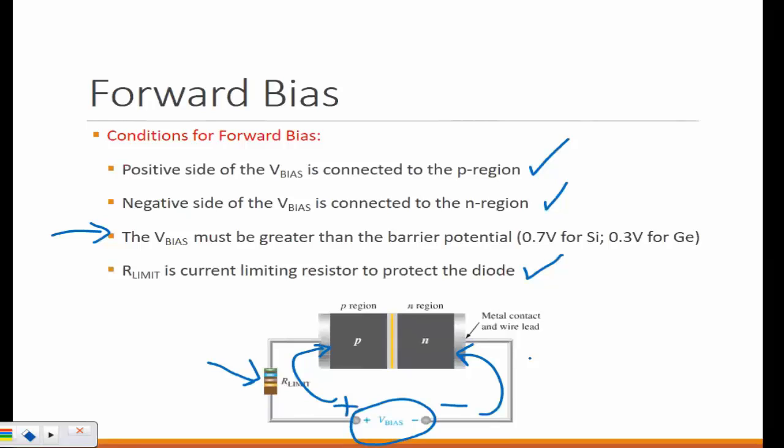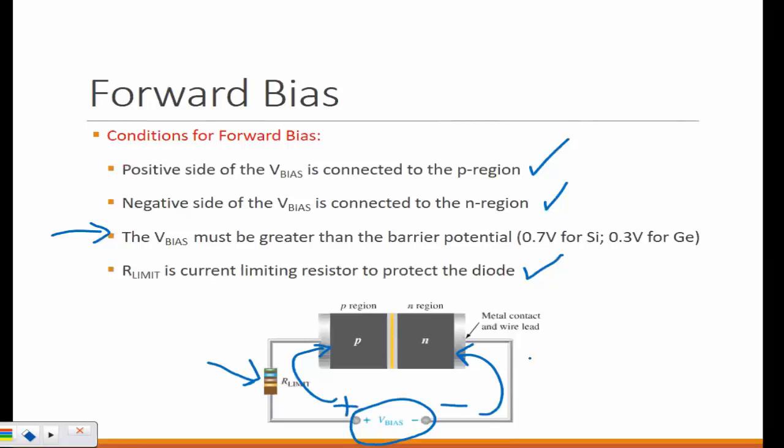If it is germanium, it will clearly specify that it is a germanium based diode. But as I said, throughout this course, we use silicon. So that's the connection for forward bias.